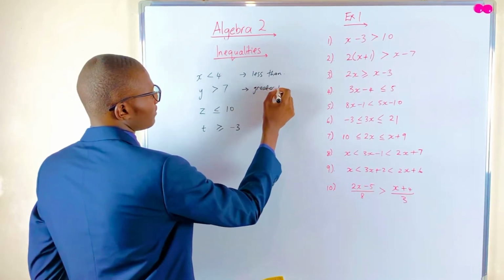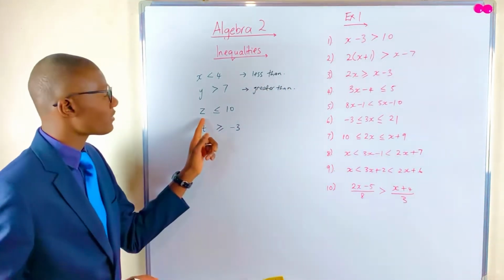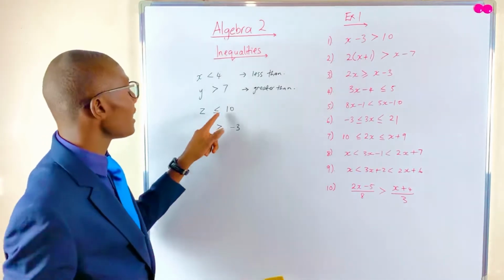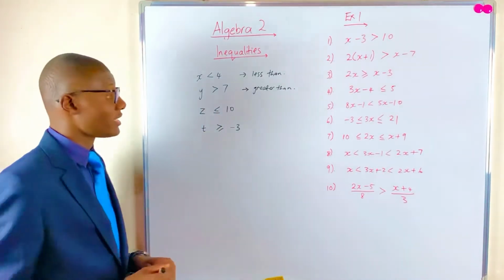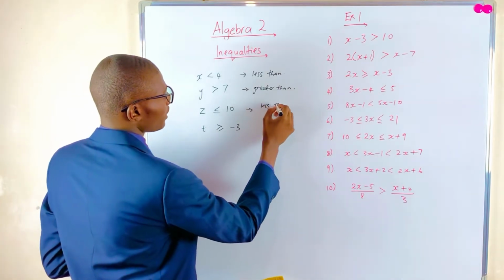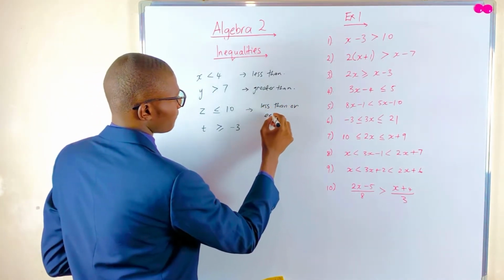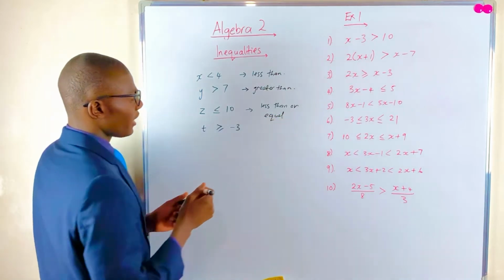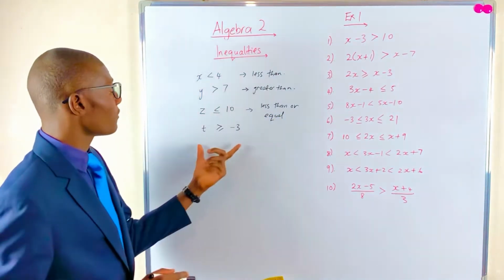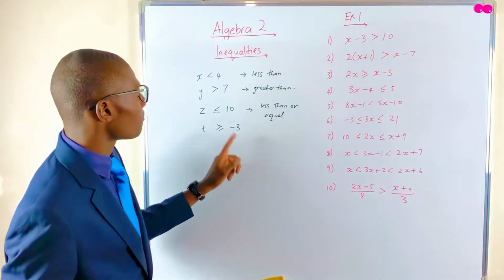And then for the third one, we've got z being less than or equal to 10. So this one we call the less than or equal to sign. And then for the fourth one, we've got t being greater than or equal to -3.